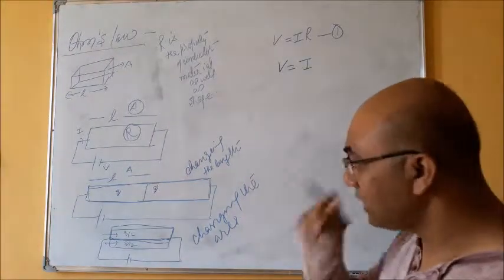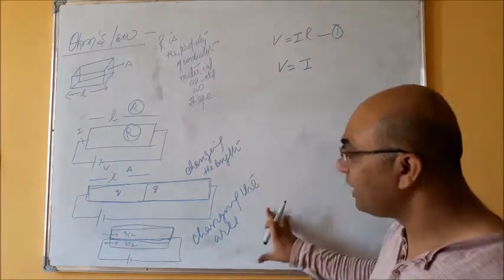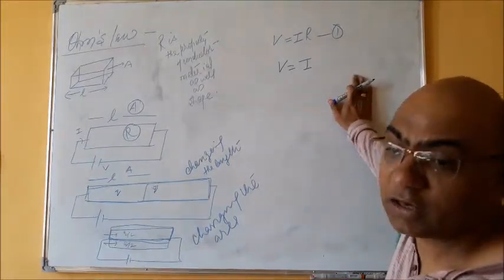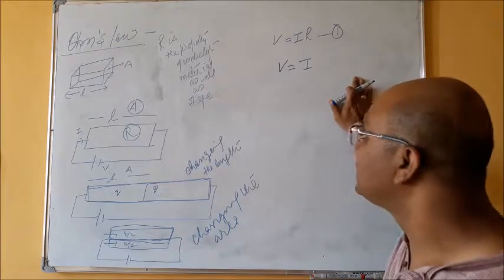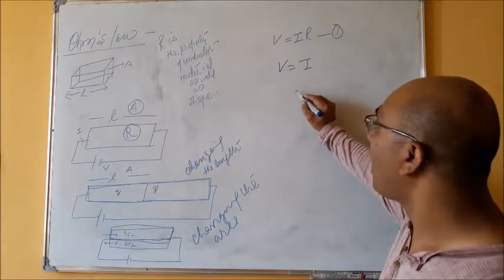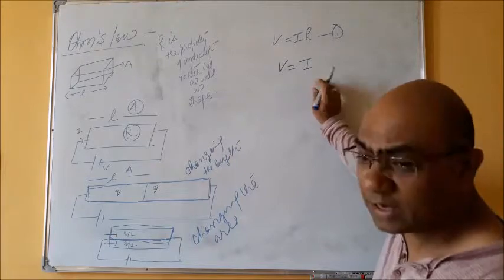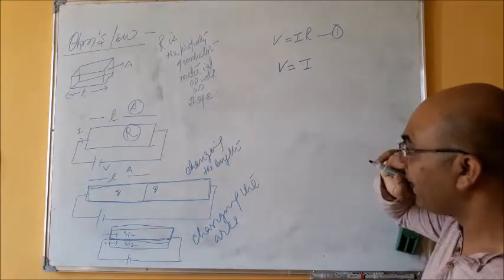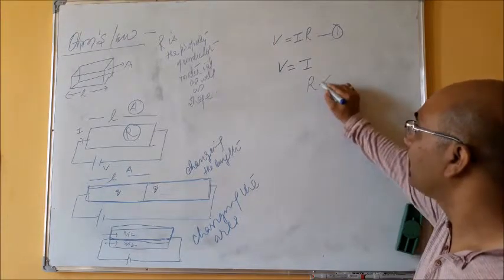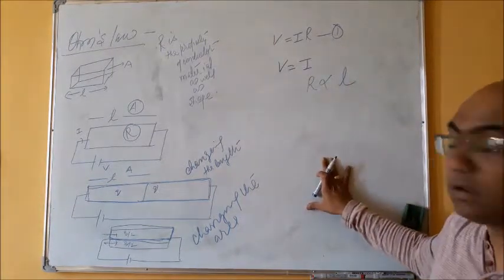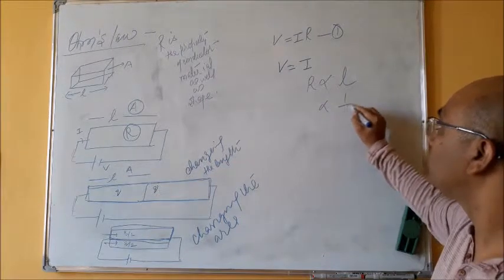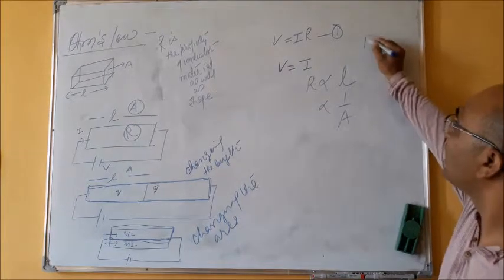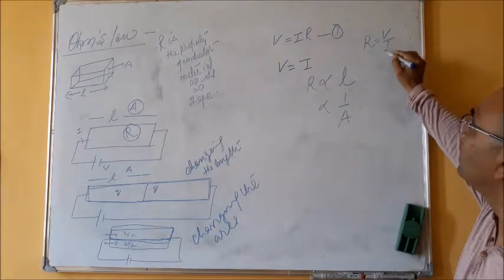And hence when we are changing the length and area of the conductor, the relation will also change. And how will it change? It will change that, yes, our R, in the first case, will be directly proportional to length and inversely proportional to area. Okay, so this means, because what is R? R is V upon I.